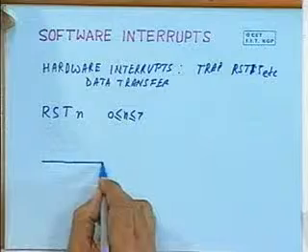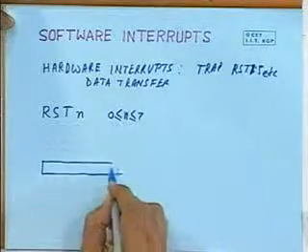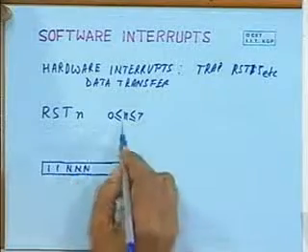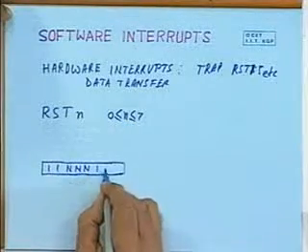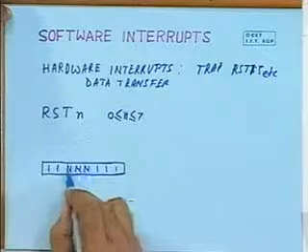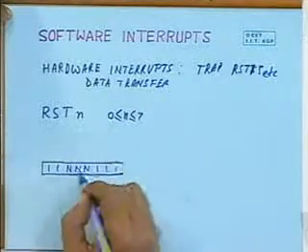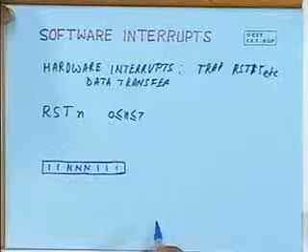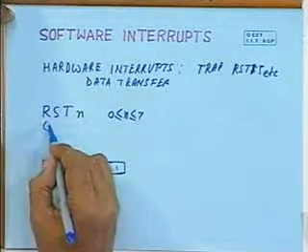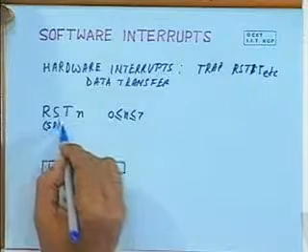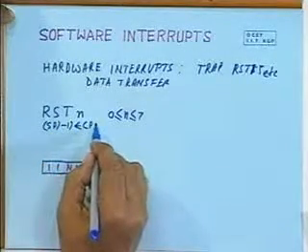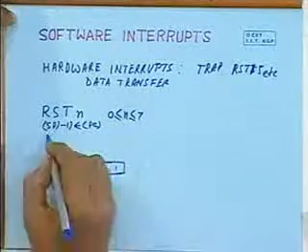So the code will be like this: a single byte instruction 1 1 n n n, where n can have three bits, so it can have 8 values, 0 to 7. What it does is it stores the program counter value in the stack, just like whenever an interrupt occurs.